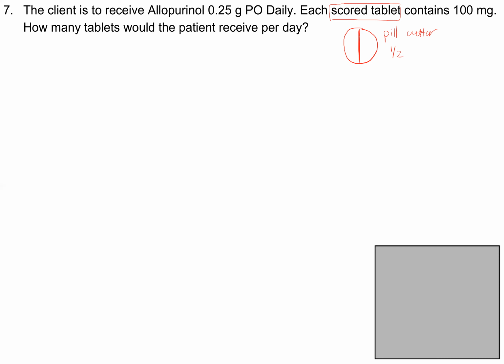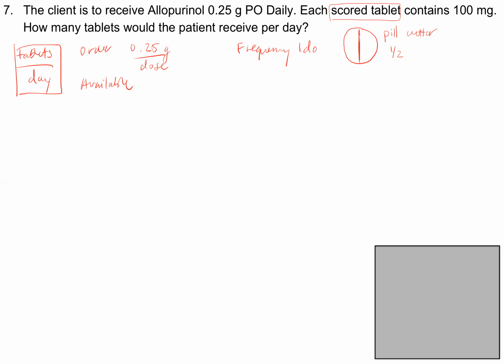So let's go ahead and write down the units that we're looking for, which are tablets per day. Go ahead and box that. And you have your order, your availability, and your frequency. The order is 0.25 grams per dose.